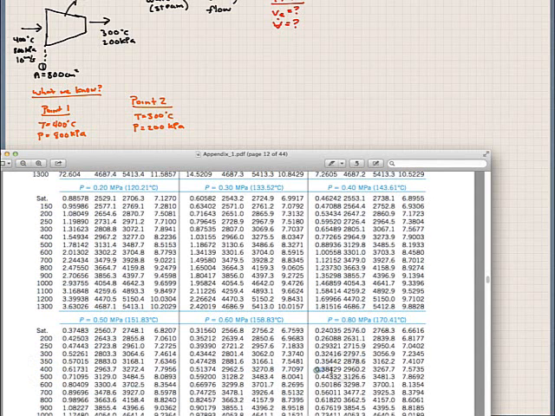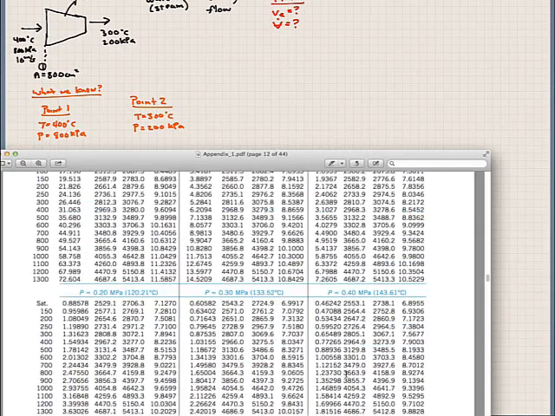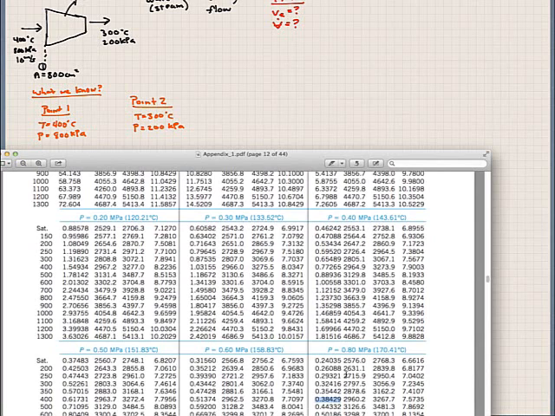We can say that our specific volume is, let me write this down, 0.38429 meters cubed per kilogram.